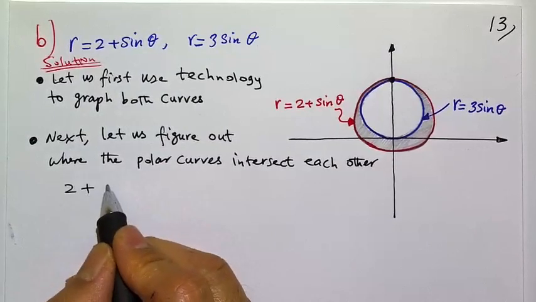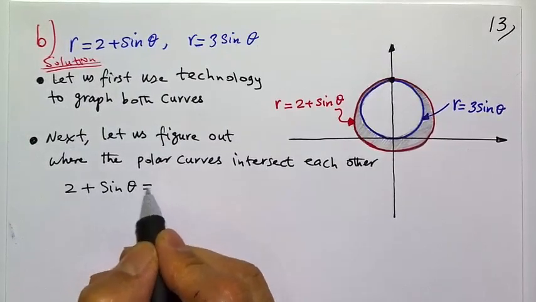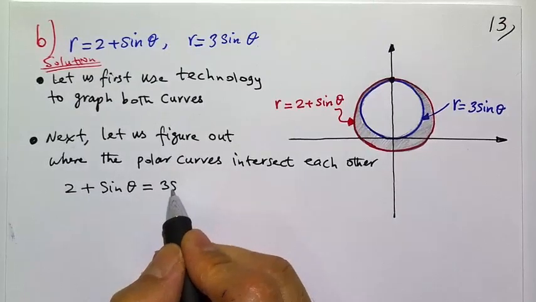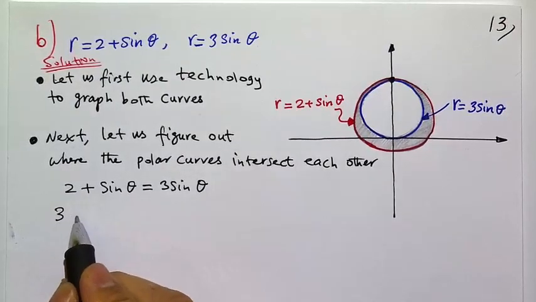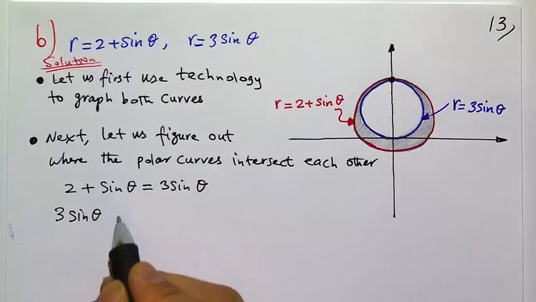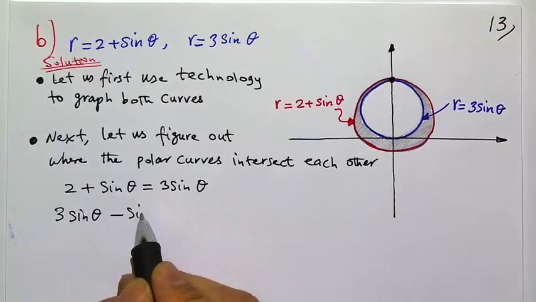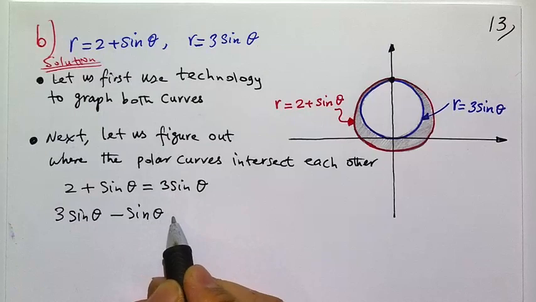So let's do that. 2 plus sine theta equals 3 sine theta, and then 3 sine theta minus sine theta minus 2 equals 0. I'm just solving this equation, that's all.